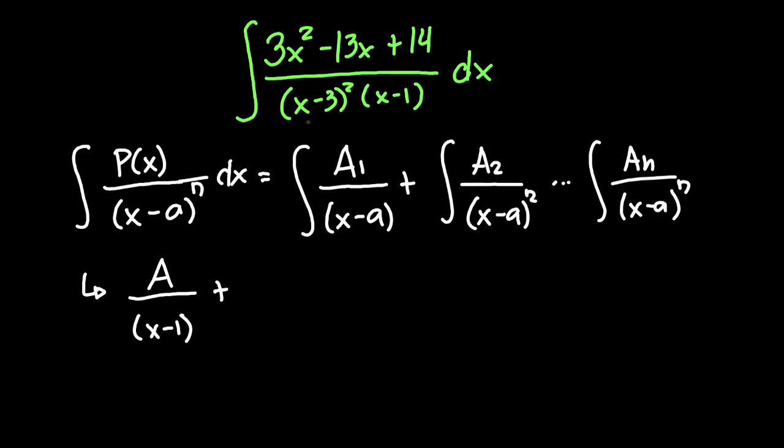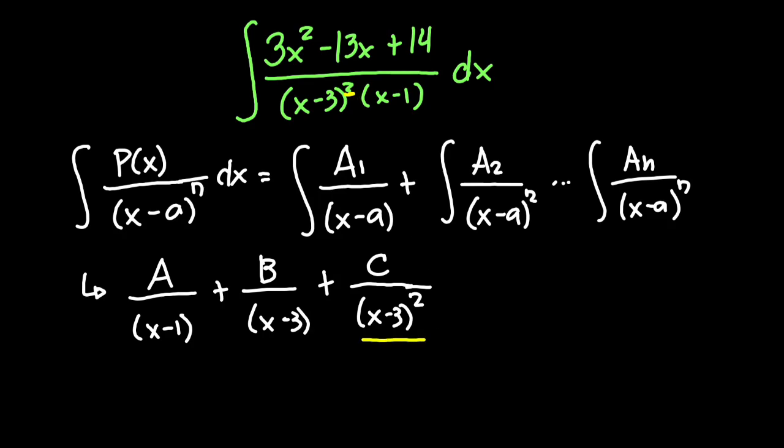And so, we can now focus on the repeated linear factor, which is b, which represents a sub 1 over x minus a, here referring to x minus 3, plus a sub 2 here will be c over x minus 3, and so we will add 1 to the exponent, so this would be 2. Now you can see here, 2 is our exponent, so we will stop at this limit.